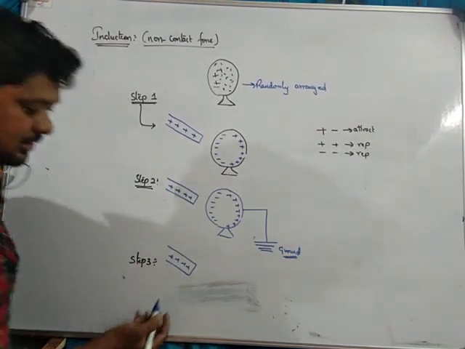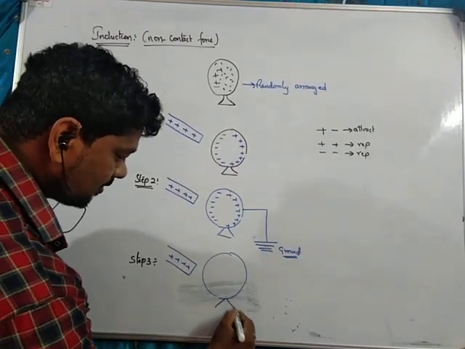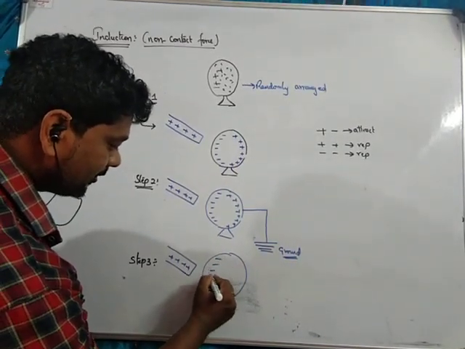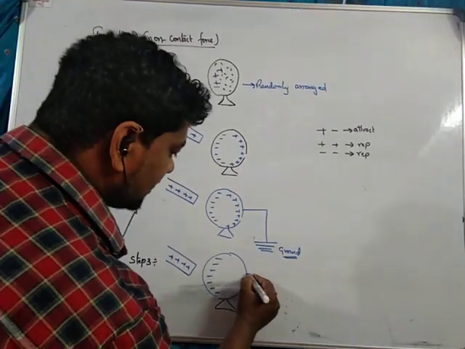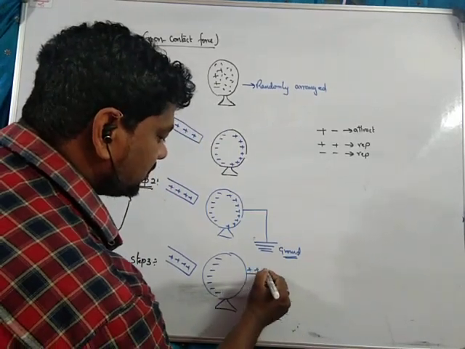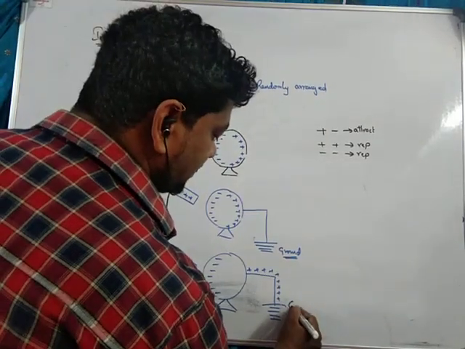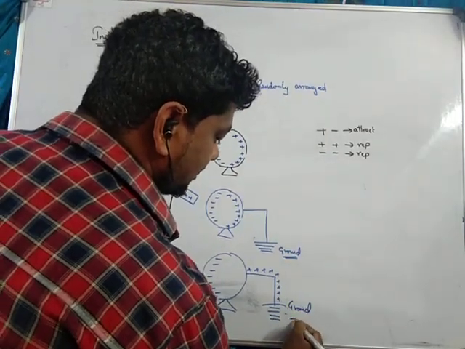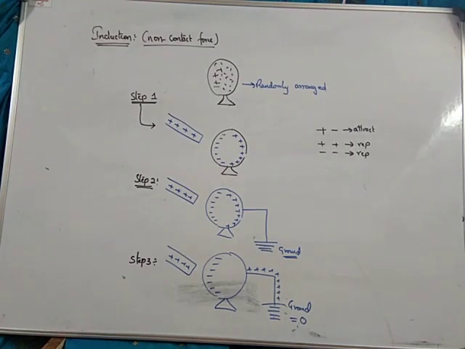then step 3, the positive rod remains in the same position. In the metal, all the negative charges will be on one end, and the excess positive charges will pass through the ground. Ground is nothing but 0.